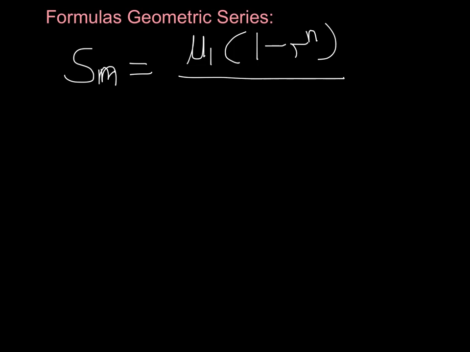Now, the formulas for geometric series are easier because there's not much theory behind them. The formula is just Sn equals u1 times 1 minus r to the power of n divided by 1 minus r.